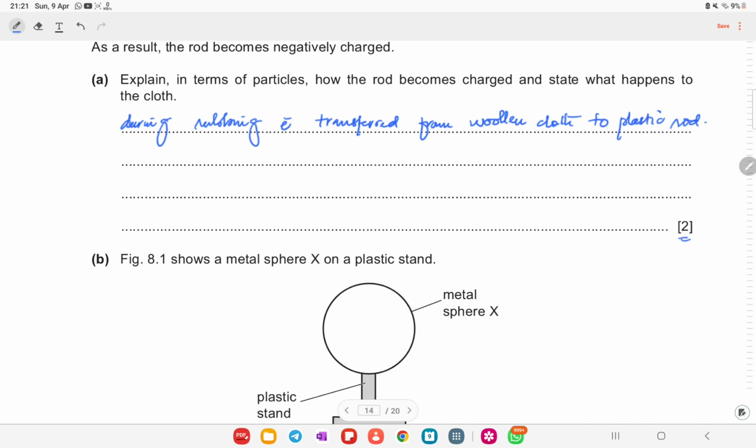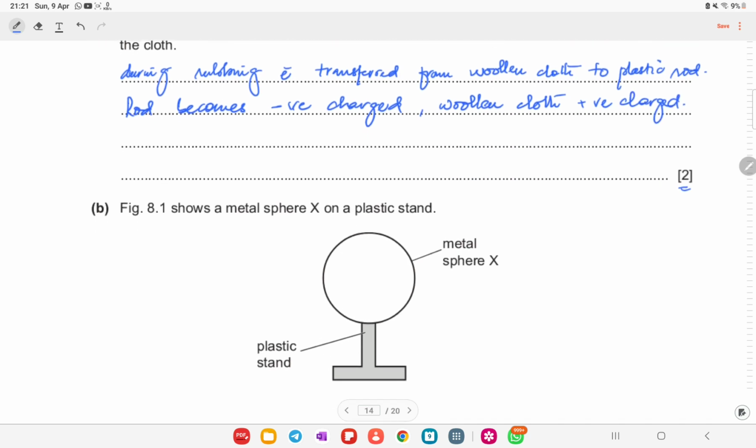Now the second thing is that the rod becomes negatively charged, and the woolen cloth will be positively charged. So I hope you got the concept.